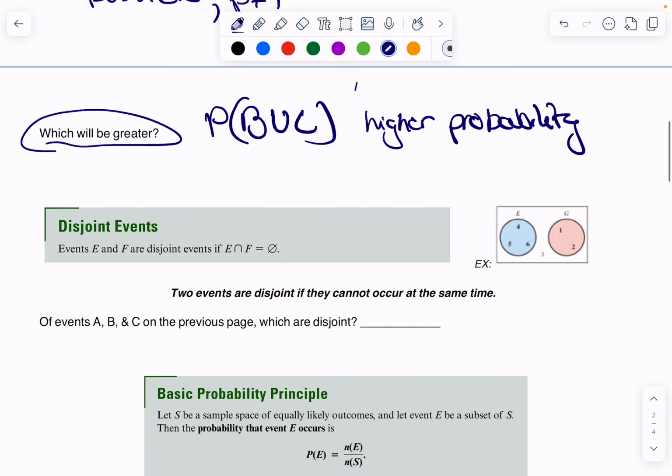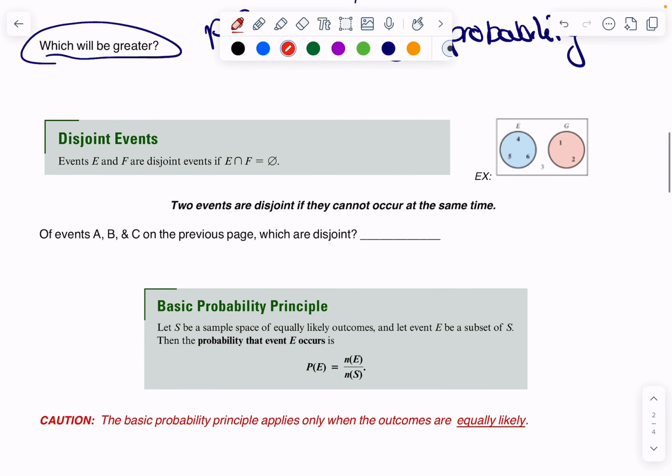Okay, so next one, we're going to talk about disjoint events. Events E and F are disjoint events if E intersection F is empty, an empty set. So two events are disjoint if they cannot occur at the same time.